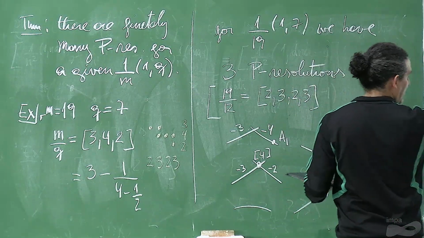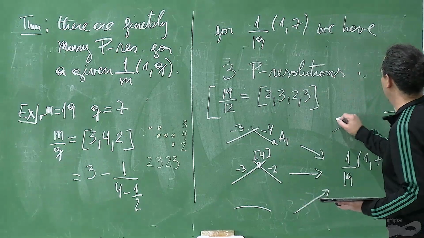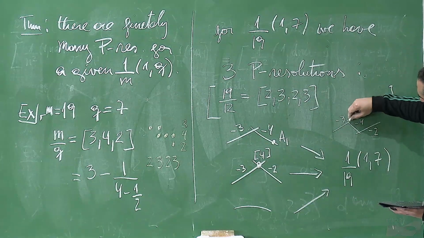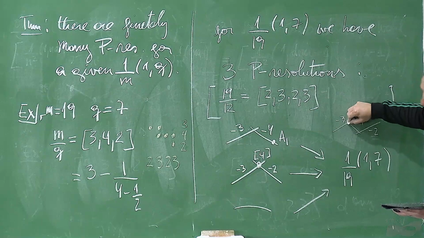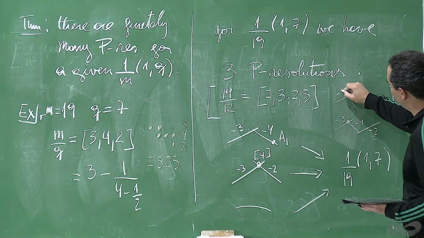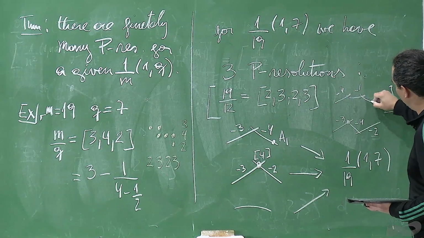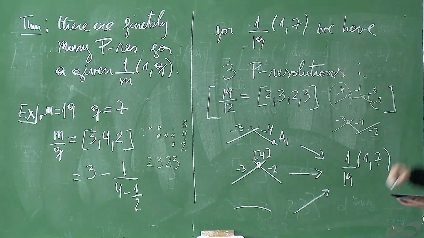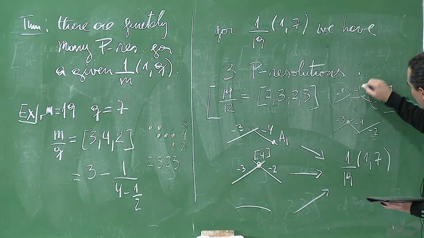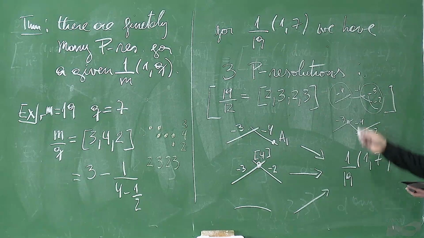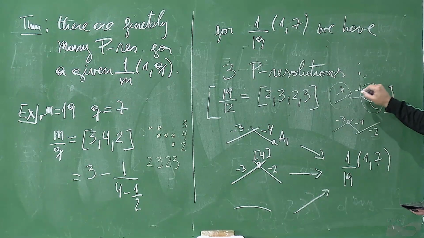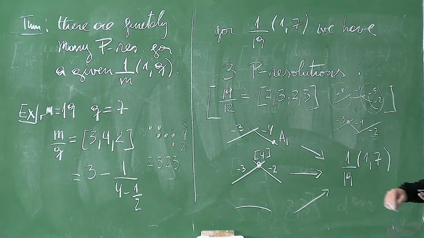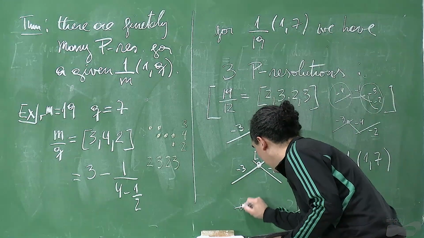And then for the last one, so you have 3, minus 4, minus 2. If you do just one blow up here, you will get minus 4, minus 1, minus 5, minus 2. And you recognize this is minus 4, so it's a Wahl chain, and this phi 2 is also a Wahl chain. You compute discrepancies to check if this curve is positive, and it is, and then this is a P resolution, and that is the last one.